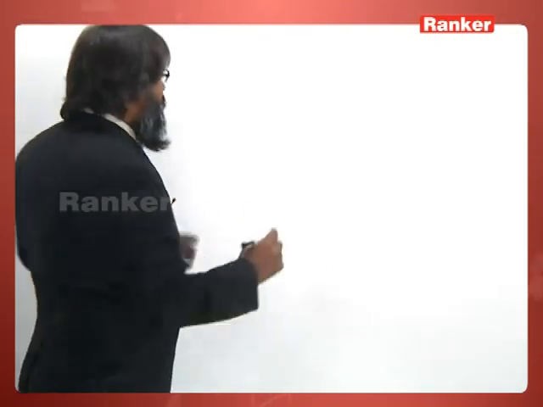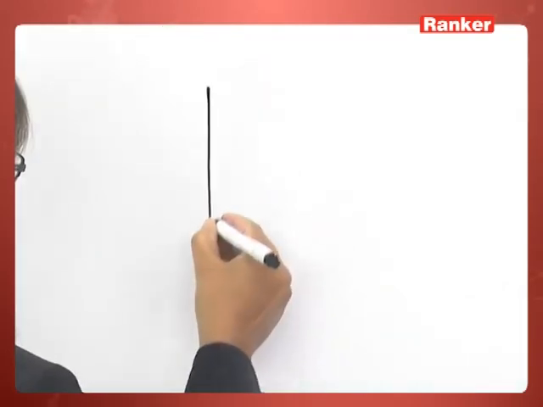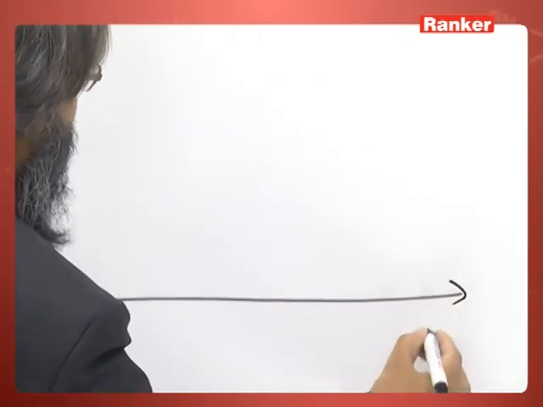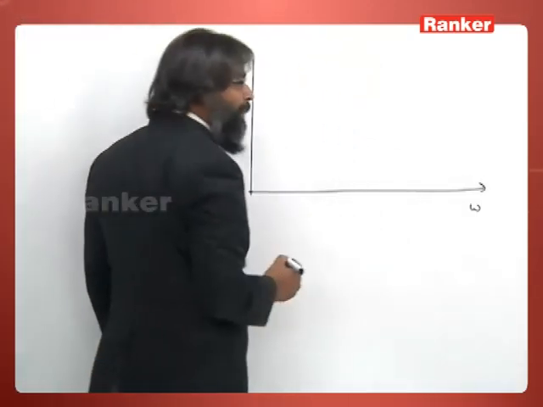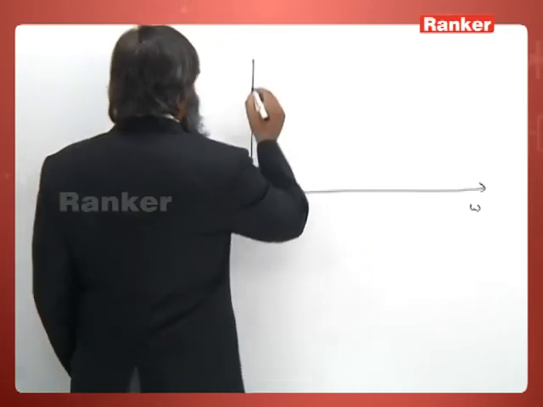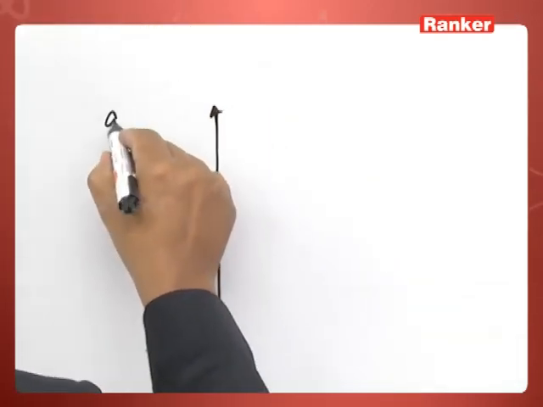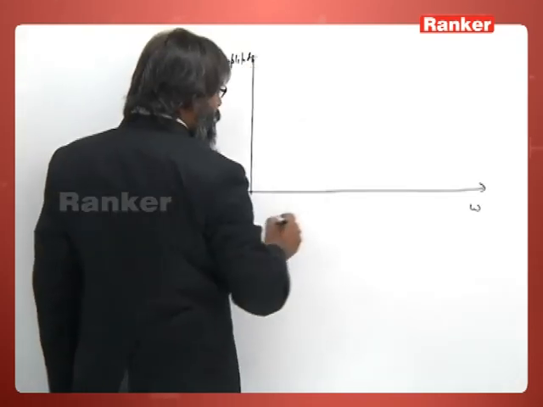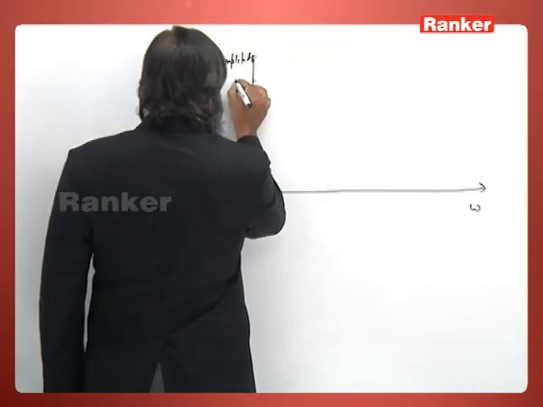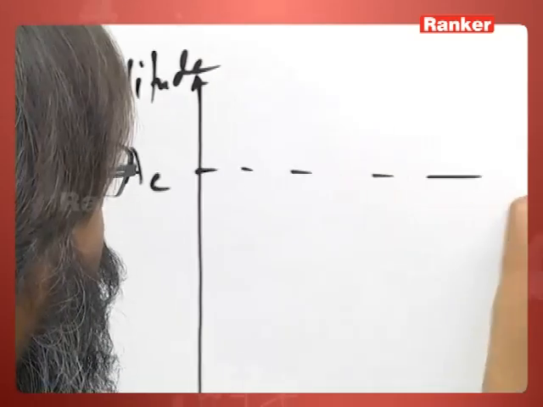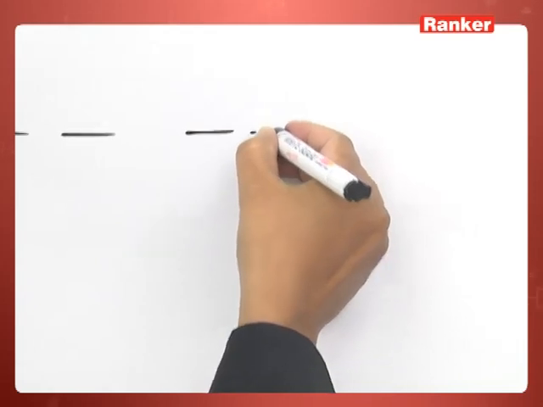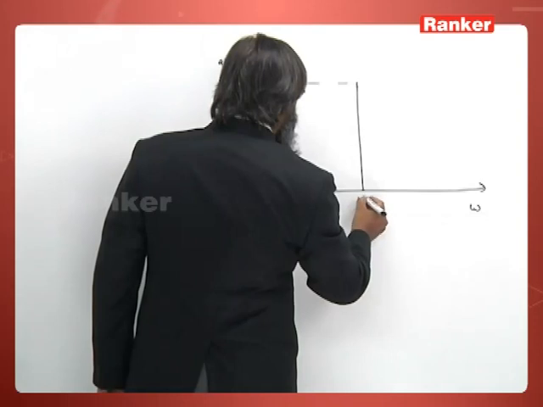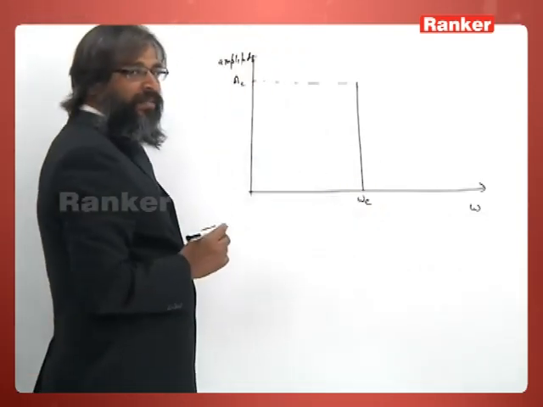Now let us plot the frequency spectrum of the modulated carrier wave. Here this is ω and here we are plotting the amplitude. The amplitude is A_C for the carrier wave, and the frequency of the carrier wave is ω_C.